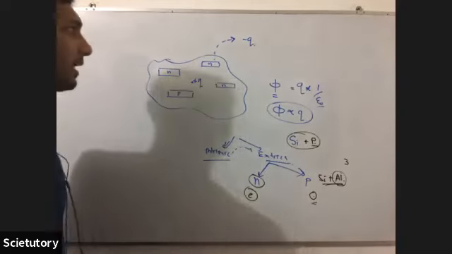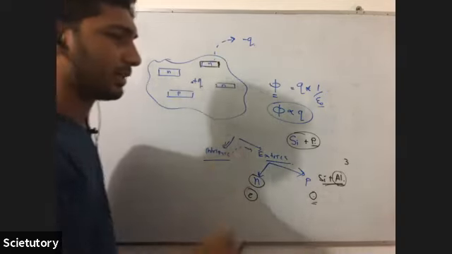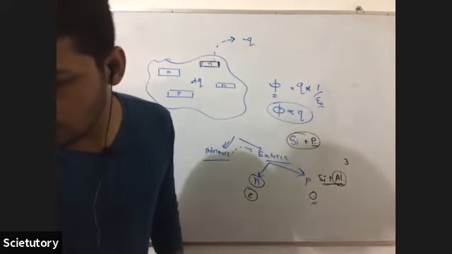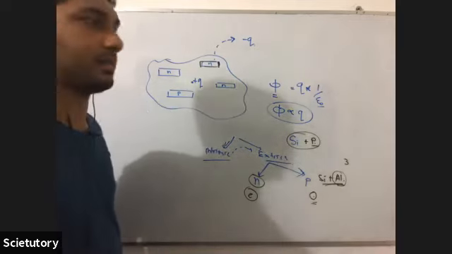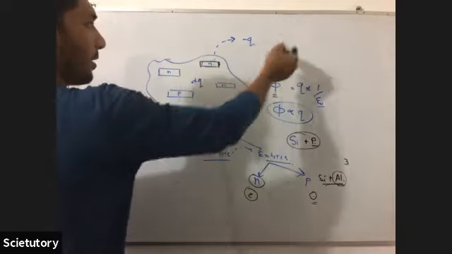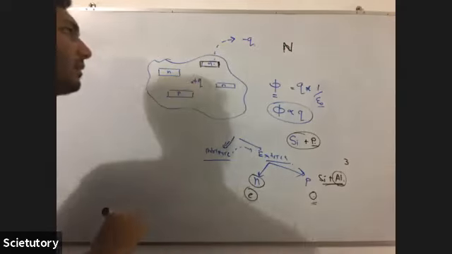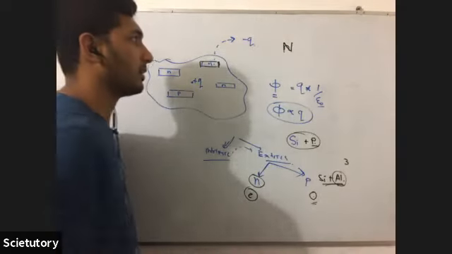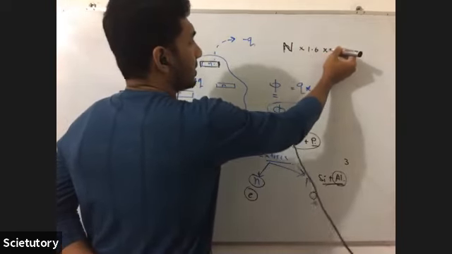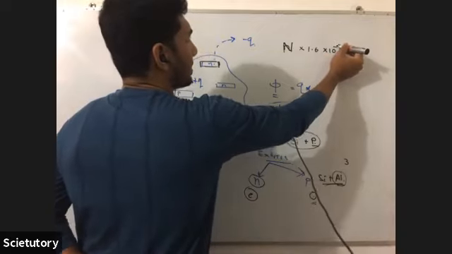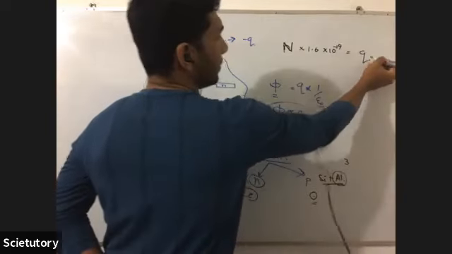Okay. So now what they are telling is this has the free electrons corresponding to the charge minus q. So that means if the number of electrons is, let's say, capital N in this N-type semiconductor, then N into 1.6 into 10 to the power of minus 19, the charge of 1 electron, is equal to this q.